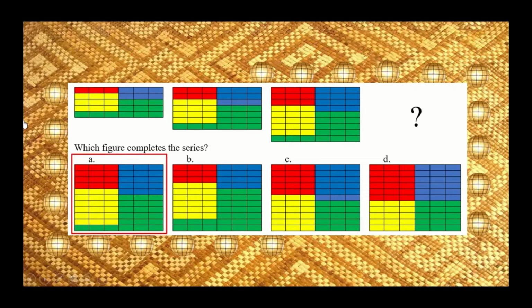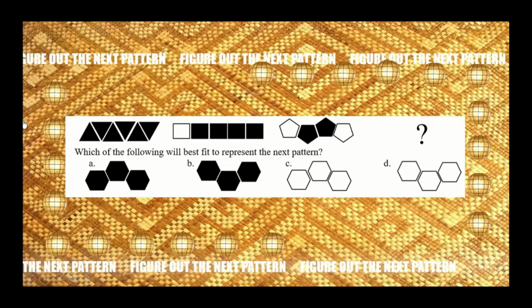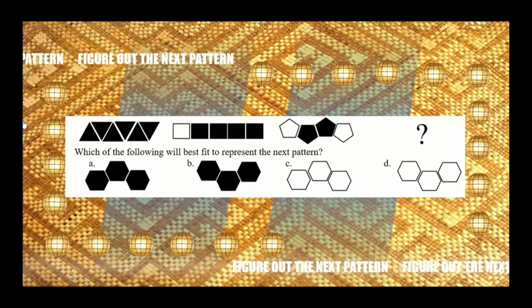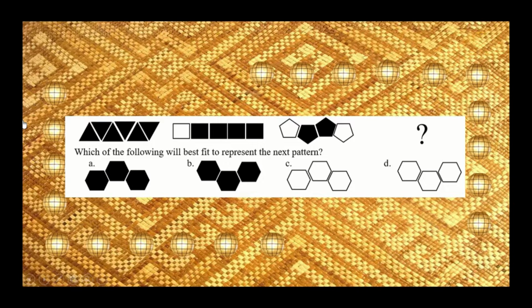And the answer is letter A. And the third given, observe the shapes, the number of sides of the shapes, the number of the shapes in each frame, and its colors. And the answer is letter C.